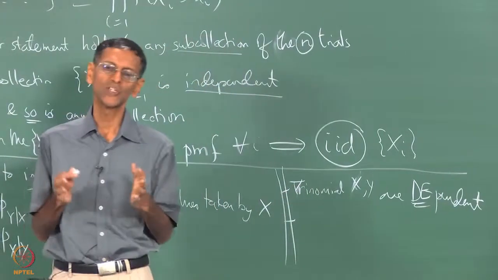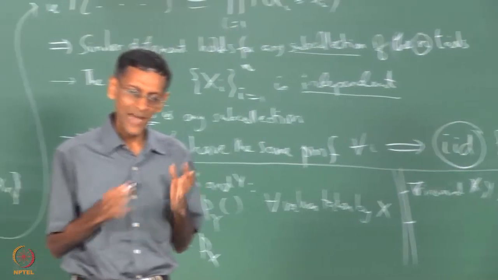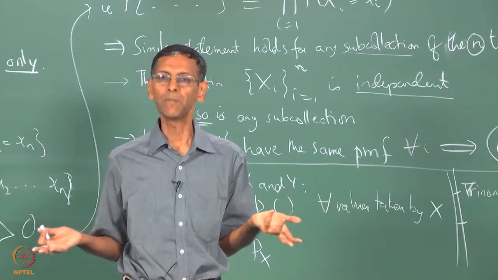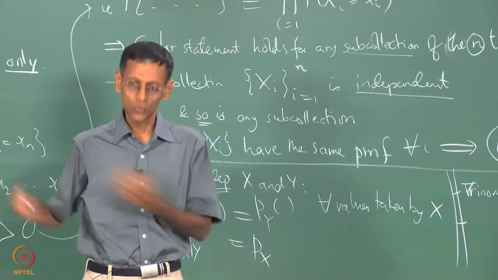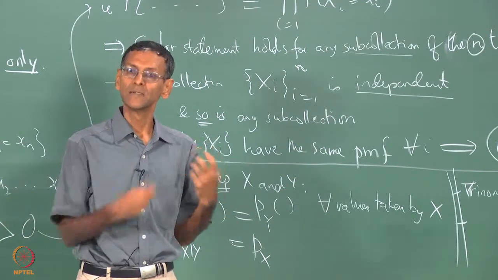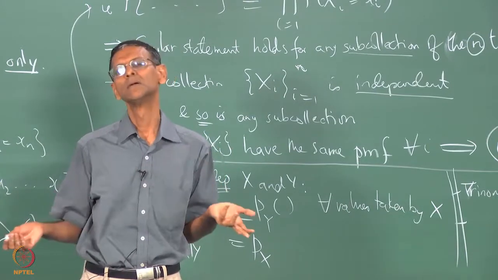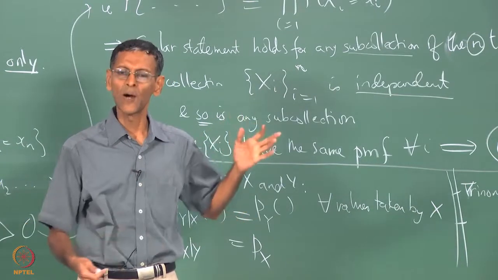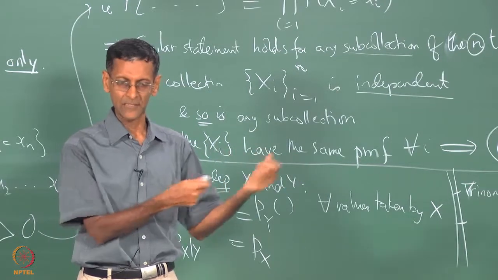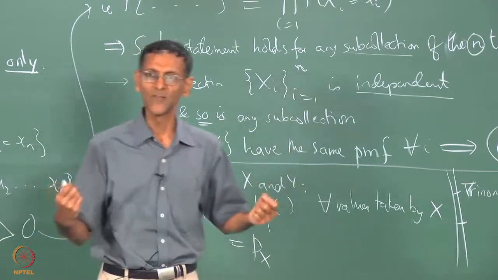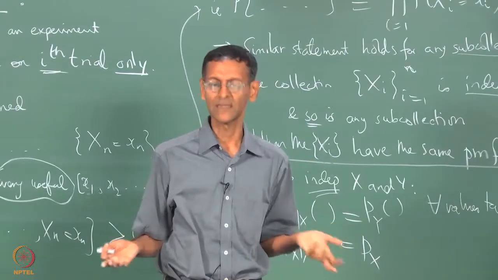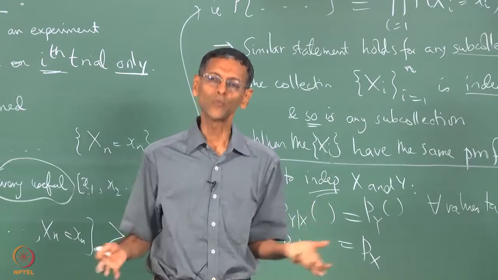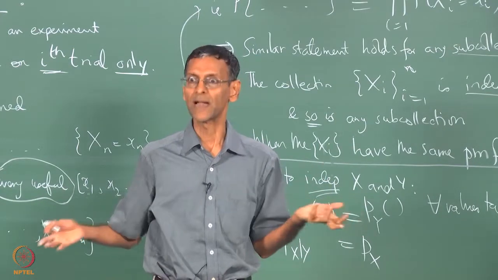Not only that, the random variables that you associate with sampling without replacement are typically dependent. The first trial you get something, then you throw that away, you don't add it back to the mix, then you take out a second one, unless whatever you are taking off is so big that taking out the first one doesn't statistically change what is happening there. In general, sampling without replacement gives you dependent random variables, not independent.